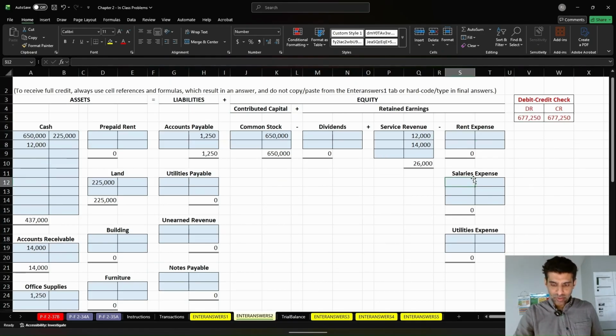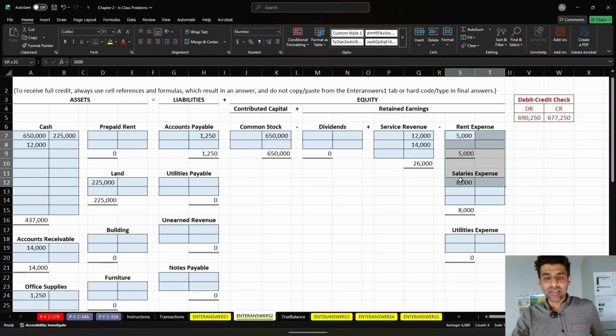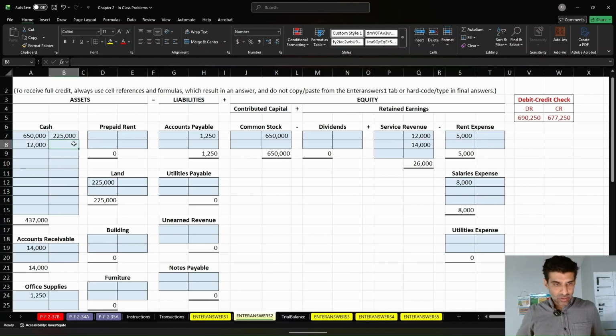So salaries expense, 8,000, rent expense, 5,000, and I'm making very sure they're on the debit side because expenses are debit normal. I'm making sure I'm posting them in the correct side of the T account. And then cash, and I still see that my debit and my credit totals are balanced.